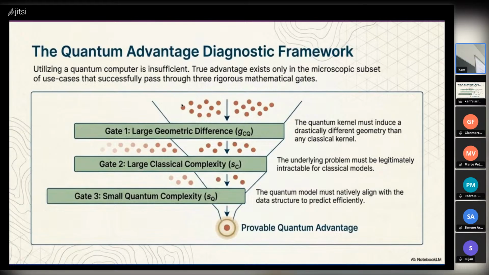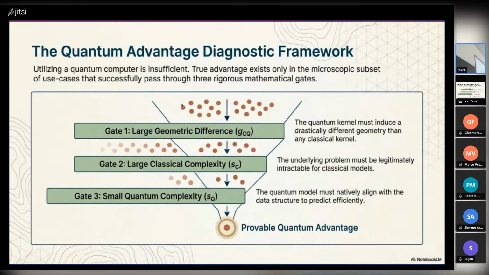Also, your problem cannot be dealt with by classical models, otherwise there is no reason to introduce the quantum model. It's a very strict requirement. Your problem and data also need to align with the quantum model, so that the classical models do not work and the quantum model works.